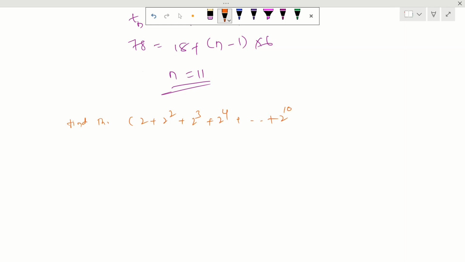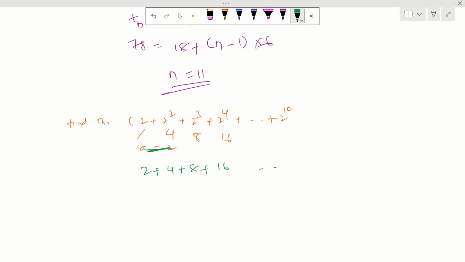Suppose a is 2. Here the first term is 2 square, which is 4. Then A into R gives 8, then 16. So after doing this, what values will we have? 4 plus 8 plus 16.